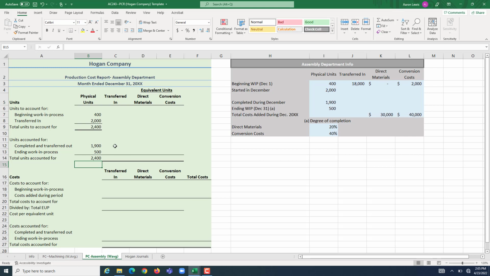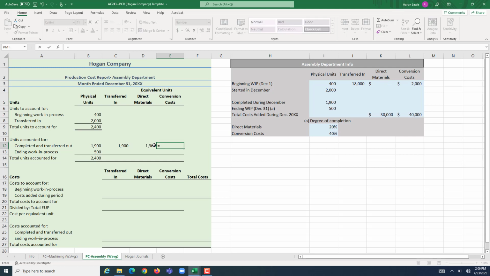We would not have transferred assembled gonculators off to finished goods inventory if they weren't done for everything: transferred in, because otherwise they weren't properly machined; direct materials, all the materials necessary to assemble these parts that were sent to us from machining into finished gonculators; and conversion costs, paying all of the labor costs and all the overhead costs necessary to turn those parts into finished gonculators. So your completed and transferred out equivalent units is always going to be the same all the way across the board.